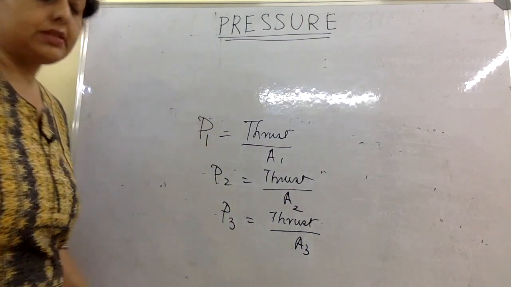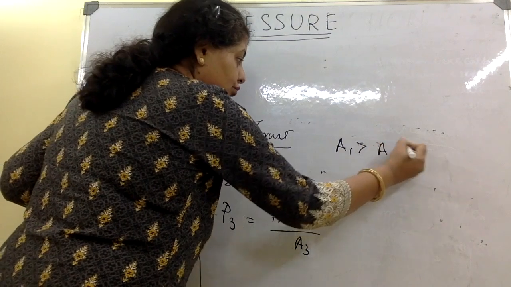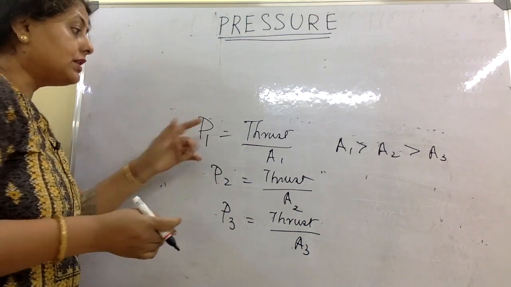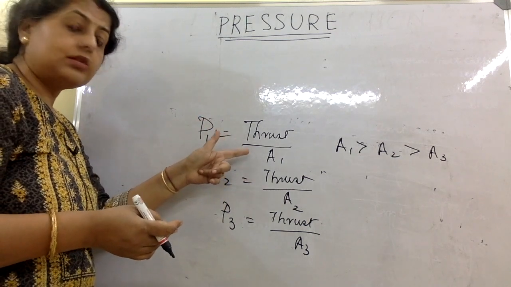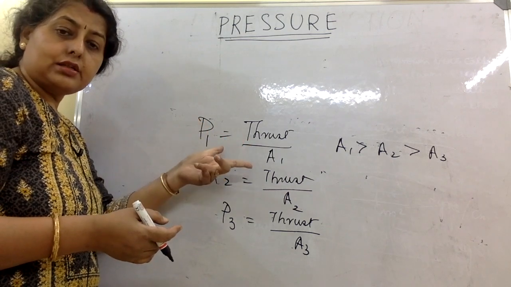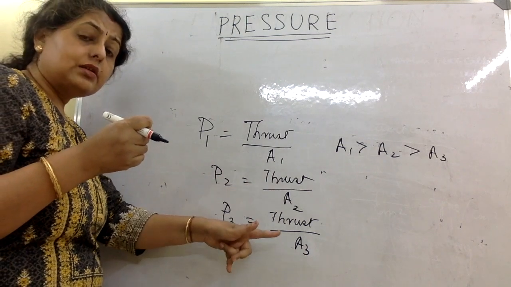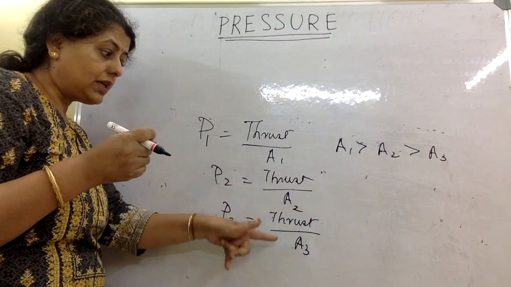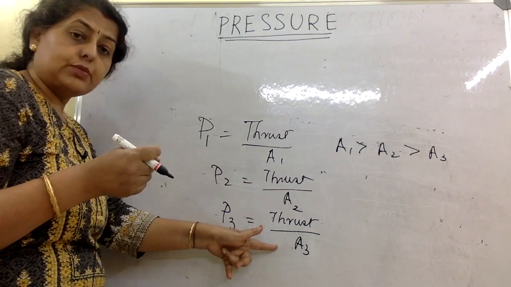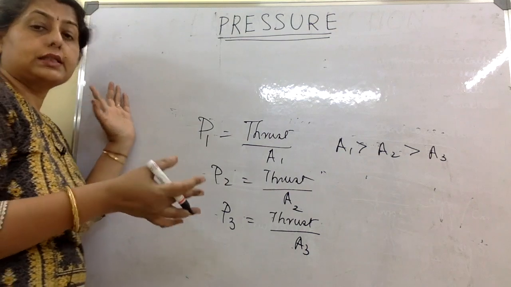Now I know A1 is bigger than A2 and then A3. I can clearly see this. When you divide the same number by a very big number, you get a small value. Then you get a little bigger value, and a very small value divided gives a big answer. When you are dividing with a very small value, you get a big answer, isn't it?